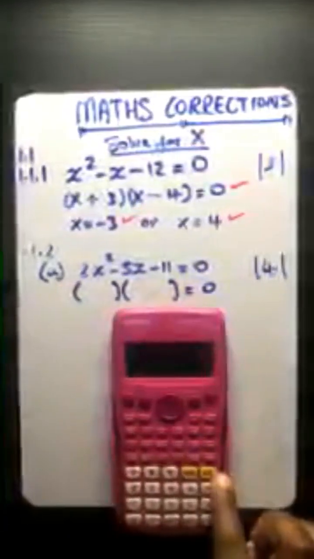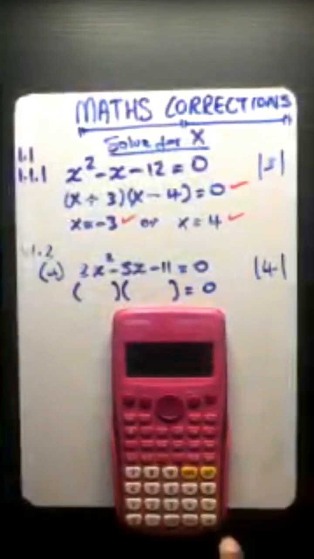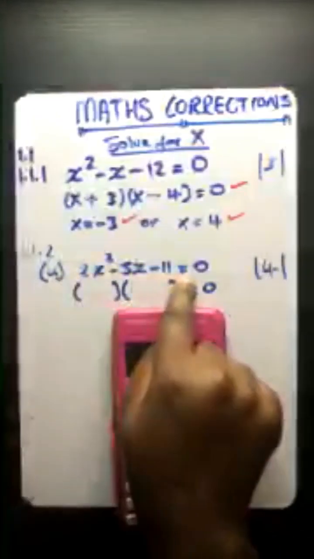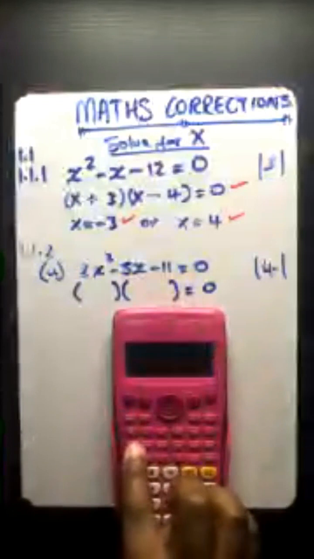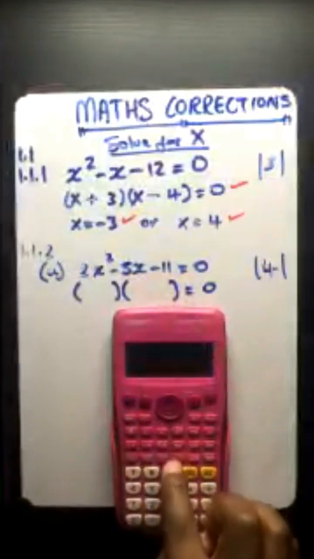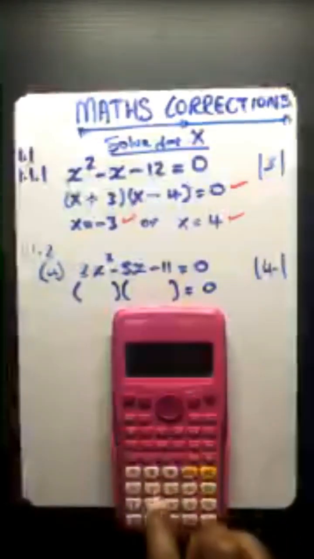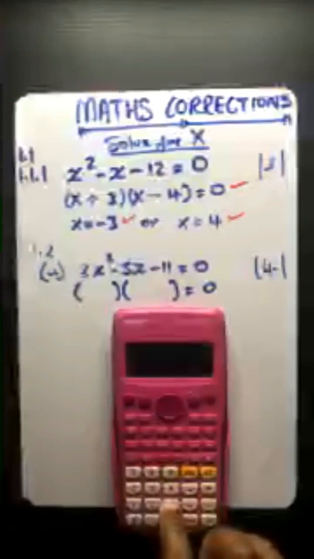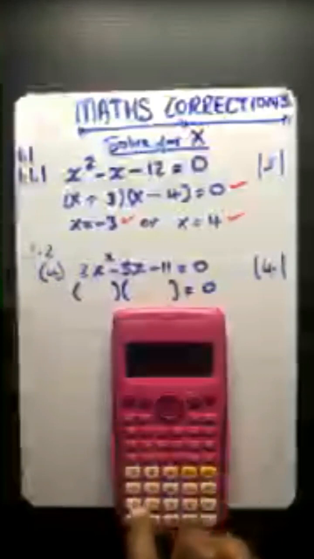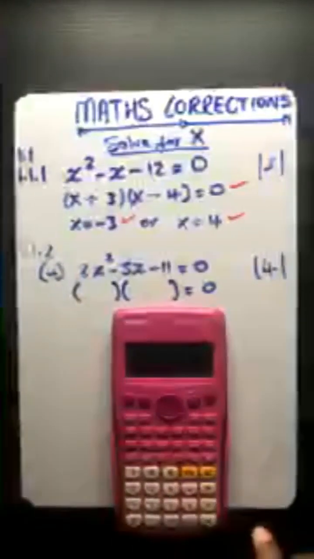Okay, now I'm going to cancel all of that, and then I'll try to punch it again. What I'm trying to do is to actually factorize that. So the formula says negative b, my b is negative 5, plus square root of, inside the brackets b squared, which is negative 5 squared, minus 4a, my a is 2, c is negative 11, and then over 2 times a. Let's see what I get.